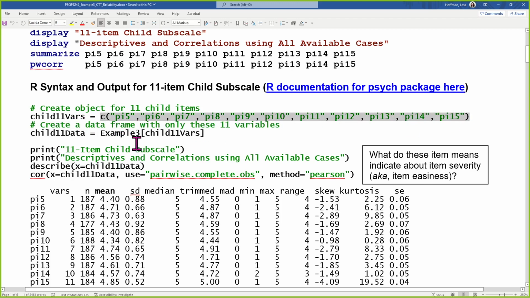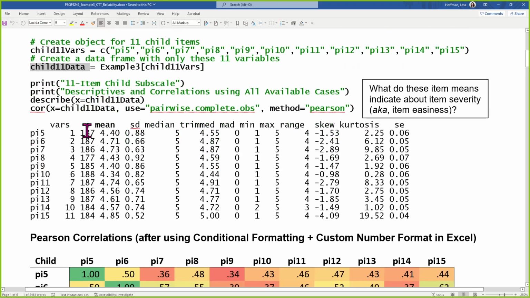I then subset the example 3 data set with just those columns, and I created a new data set that's called child11 because it's the child subscale and because I had 11 items. I'm using the psych package, which has a describe function, which gives out summary statistics, as well as the function cor that I believe is from base R to get Pearson correlations, and here is part of the R output.